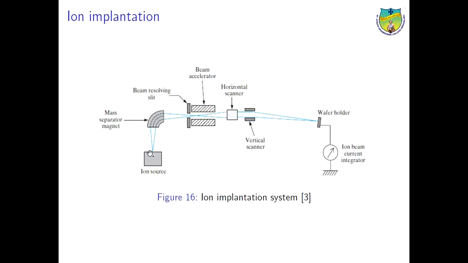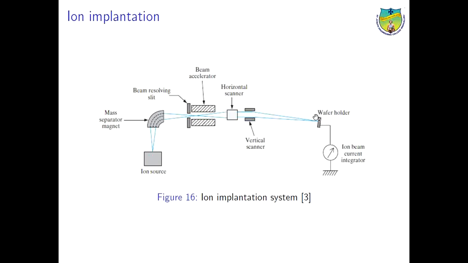The gas containing the desired impurities is ionized within the source and then accelerated into the acceleration tube. Ions are passed first through the mass separator, in which only the desired ion species enter into the drift tube. After acceleration to the desired kinetic energy, the ion beam is focused and scanned electrostatically over the surface of the wafer in the target chamber.